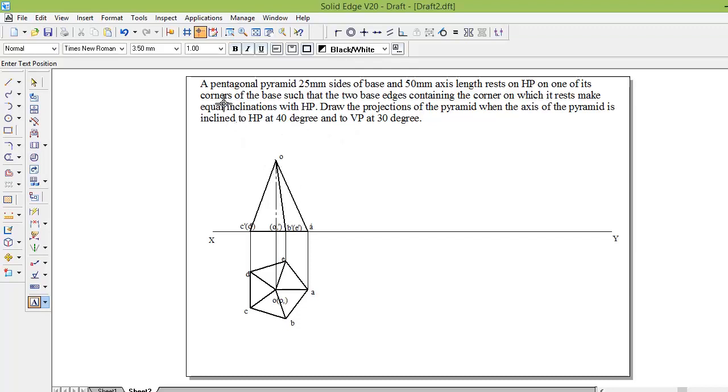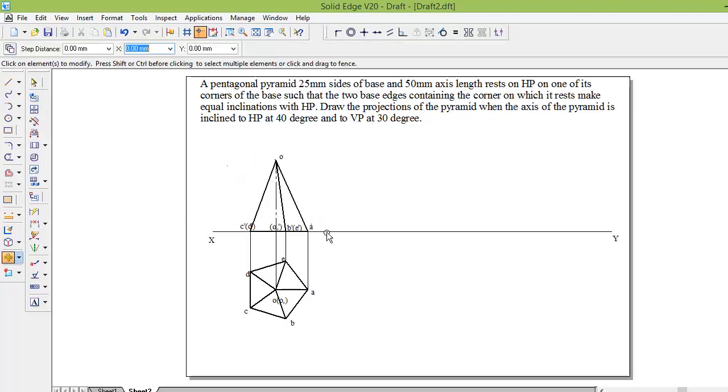What is it inclined? One of the corners. Okay, when the axis of the pyramid is inclined, actually the axis of the pyramid is inclined here. So go to move command. I will select this, copy should be on, select this and place it over here.